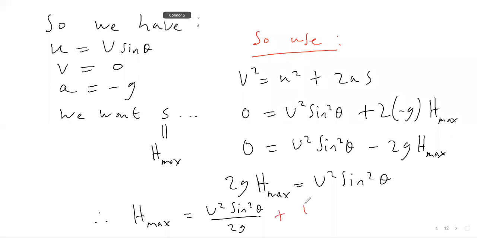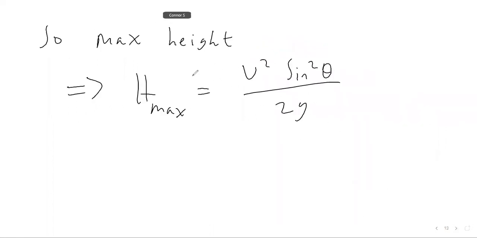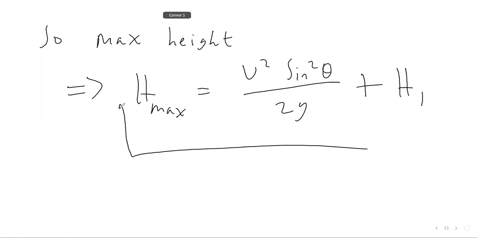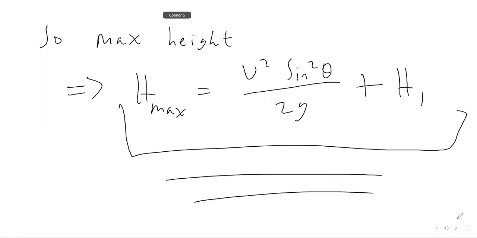So remember to add on the initial height that we start off with, because that's really important. So your maximum height is going to be this, plus your h1, your initial height, whatever that may be. If it's 0, it's just 0. But if it's something else, add that extra height on. So don't forget the initial height that you're starting with above the ground. That's really key. So that's your formula there.